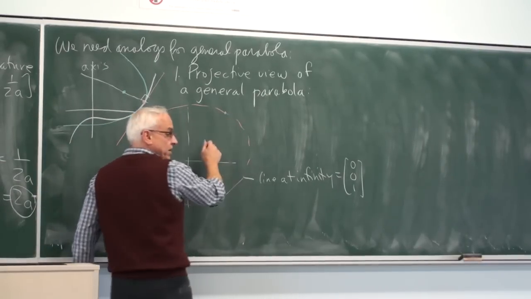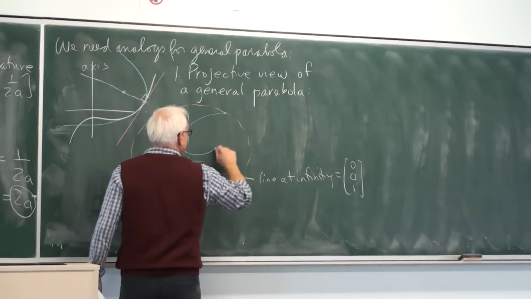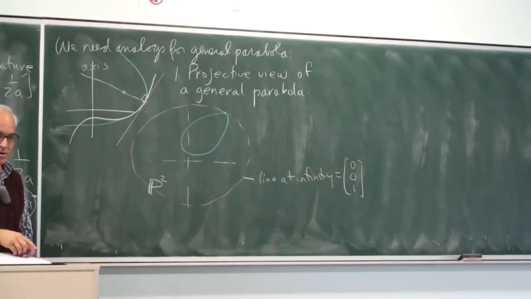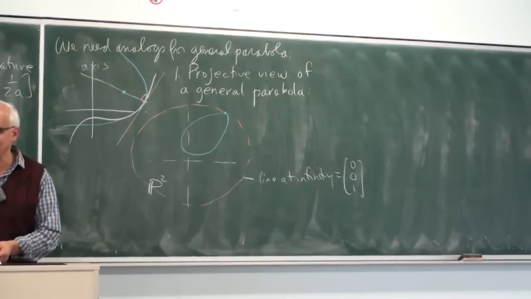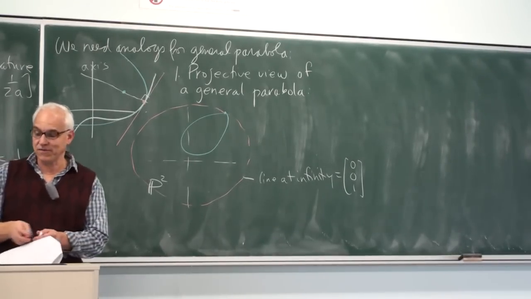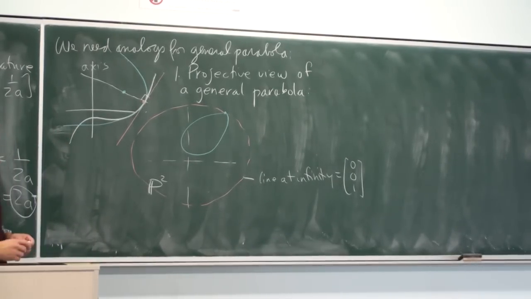So you choose any point on the line at infinity, and you choose any conic which is tangent to the line at infinity at that point. You can define a parabola to be such a conic. That's the projective definition, or maybe one could say an affine definition of what a parabola is.